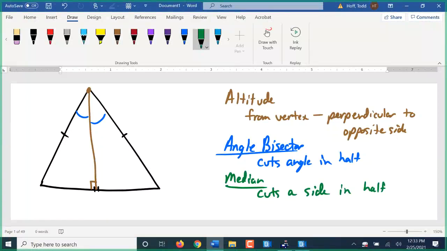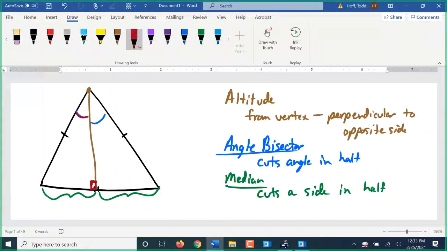All of these have one end point on a vertex of the triangle and one end point on the opposite side. And what we found in an isosceles triangle was that if we had an altitude, it was also an angle bisector and a median. In other words, if we knew that thing that we drew in was perpendicular to this opposite side, we knew it cut this angle in half and we knew it cut this side in half.